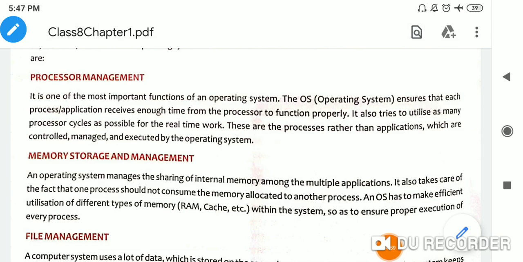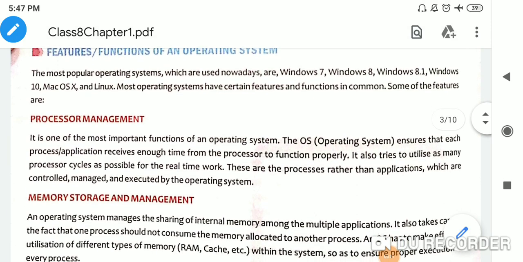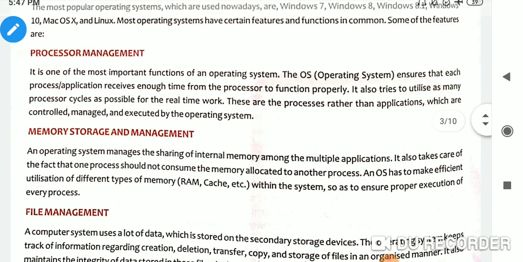Now let us see what are the different functions of an operating system. The first and most important function of operating system is processor management. What is processor management? Basically, the operating system ensures that each process, meaning any application that is running in the processor, that is the central processing unit, which receives an instruction to do a specific task.